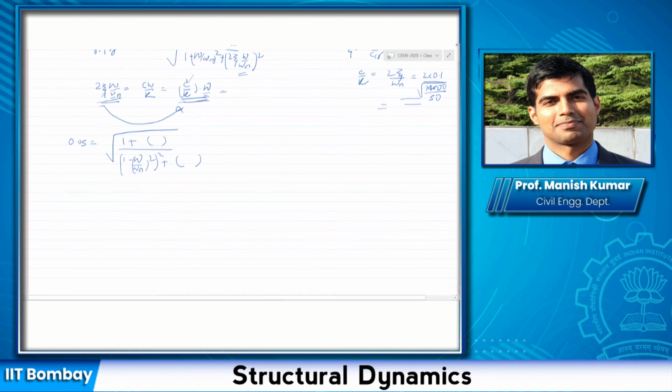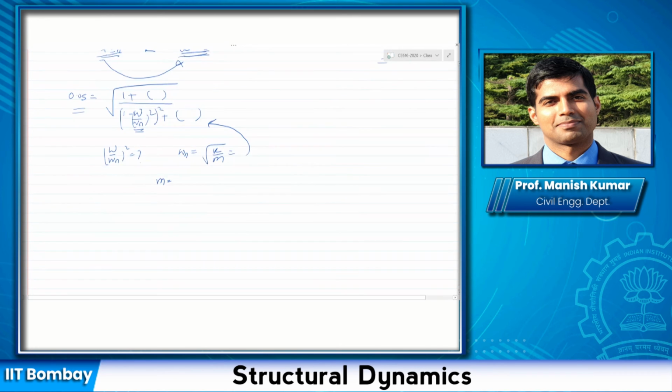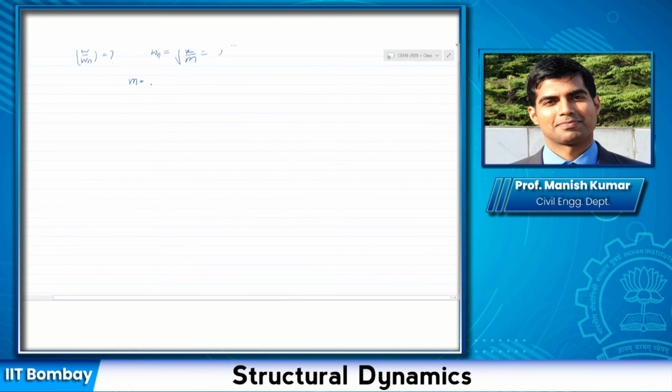So this becomes like a quadratic equation in omega by omega n. You can solve it for omega by omega n, and you can find out the value of omega n for which this expression is satisfied. If you know omega n, you can find out the mass of the system that satisfies this expression. I have solved this and the mass that I have got is 92 kg.